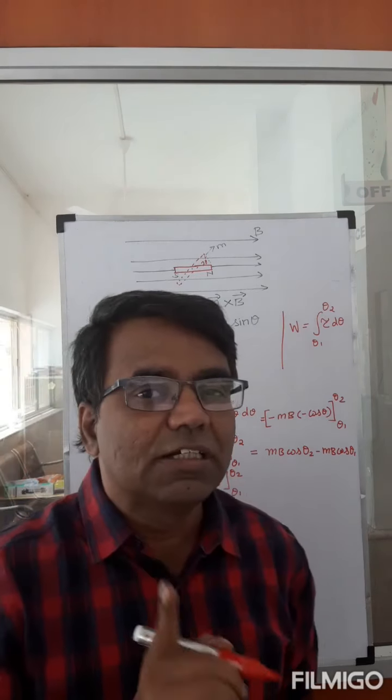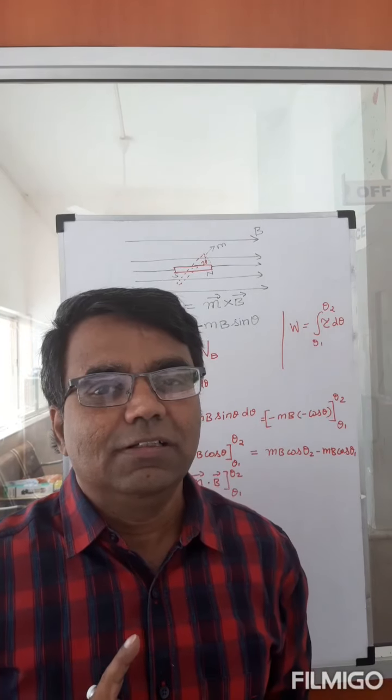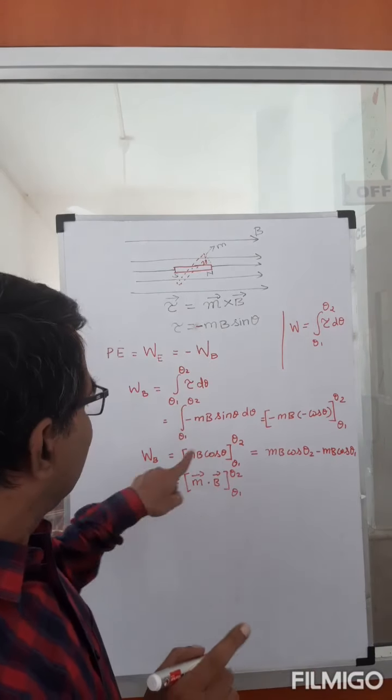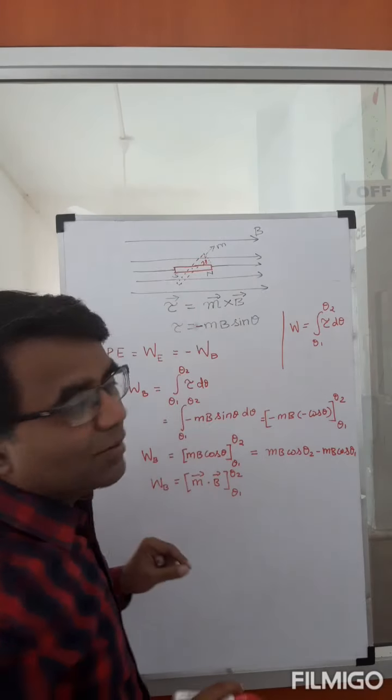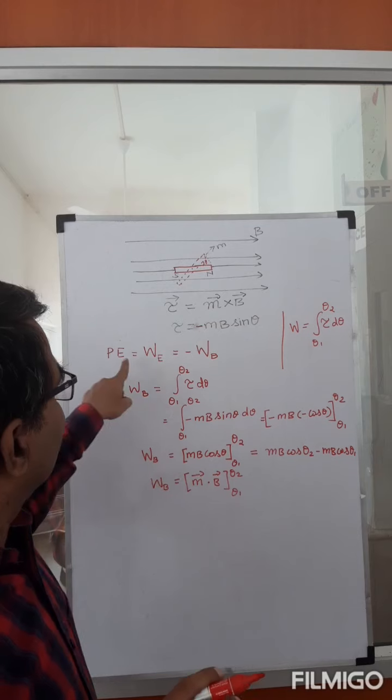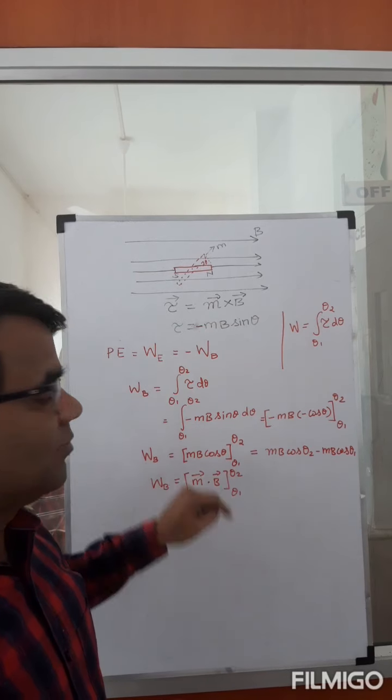But that is not the potential energy. Now what's the potential energy? Potential energy is the work done by the external force, what I did. And that is the negative of the work done by the field.